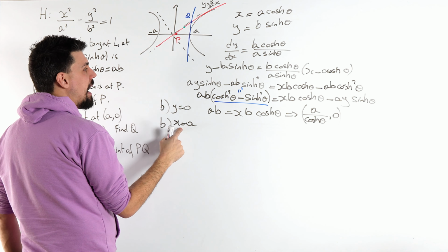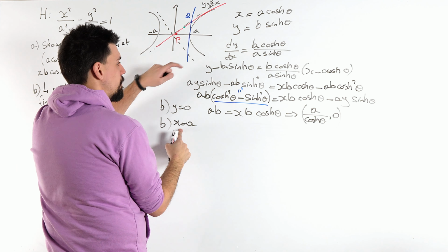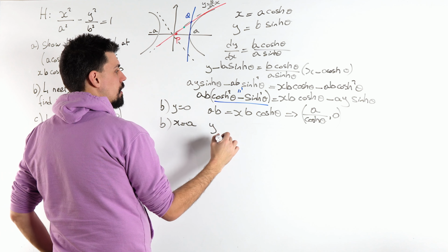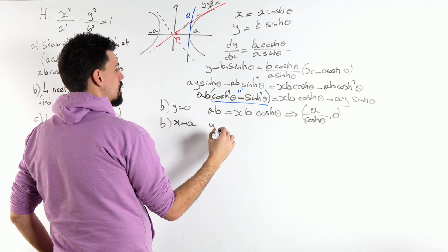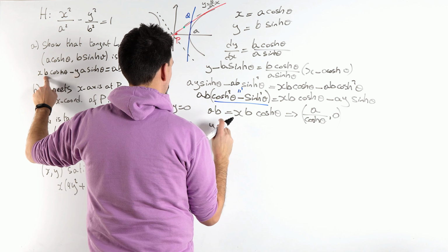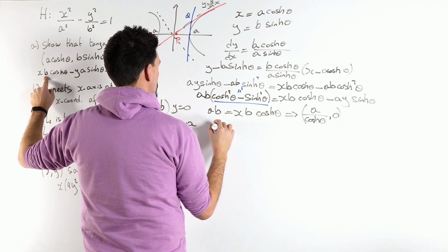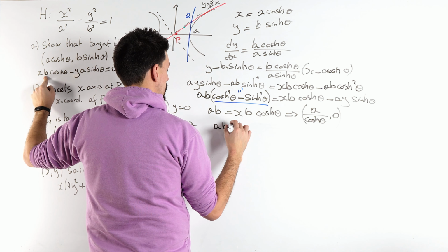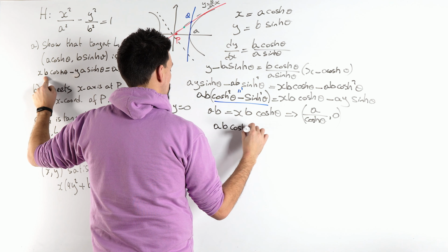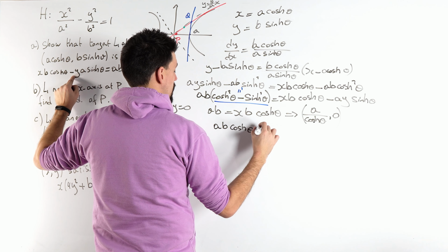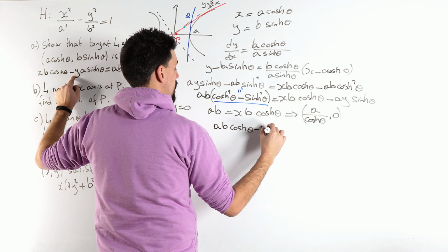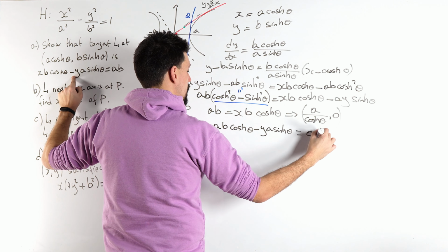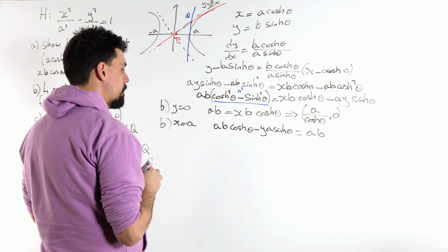So I want to find where that meets this. What did we say it was? So we get AB cos theta minus YA sine theta is equal to AB.